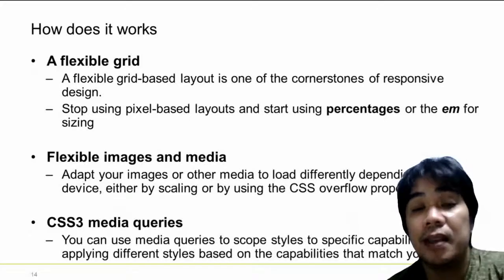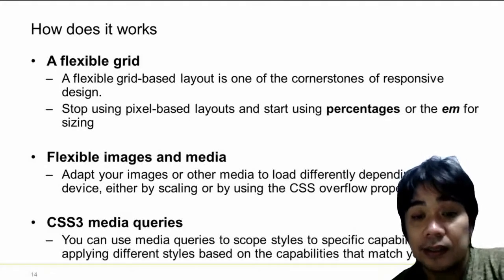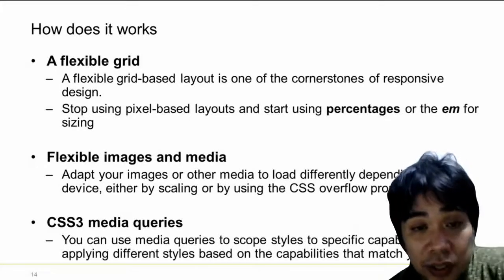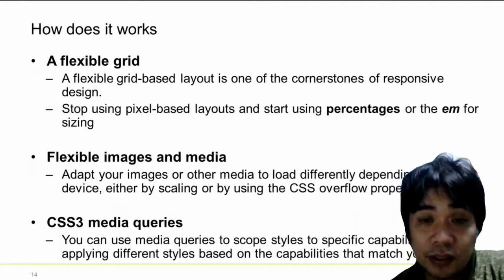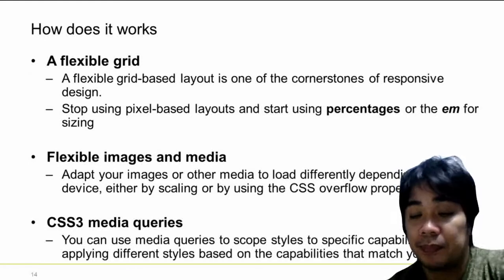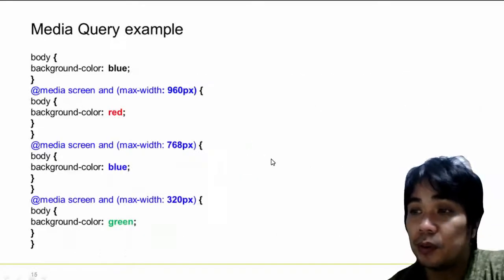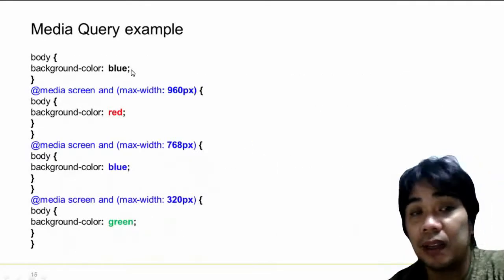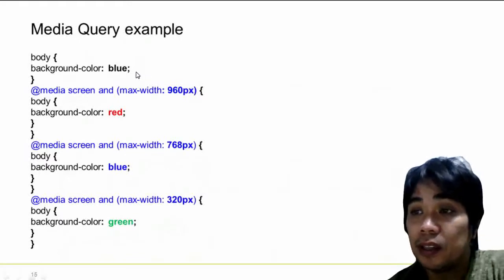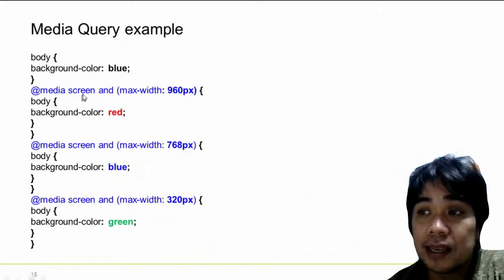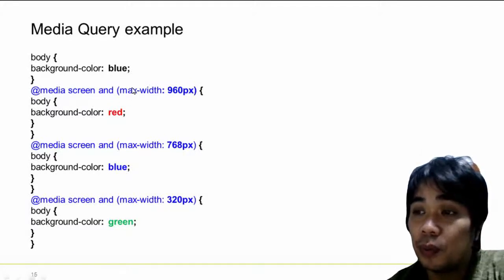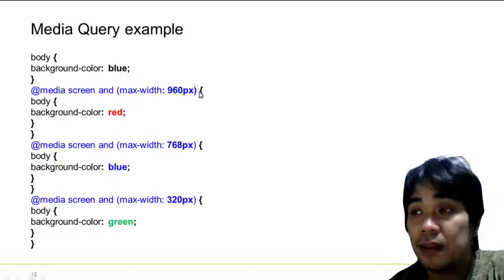In media queries, you can set the screen resolution of the devices that you want to display your website on. So this is an example of a media query that you will have to use on the screen. For example, media screen and max-width is 960 pixels.